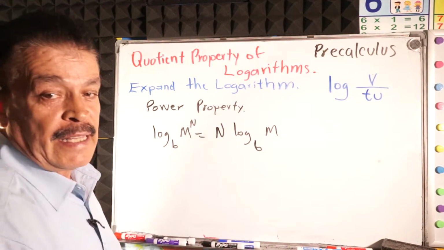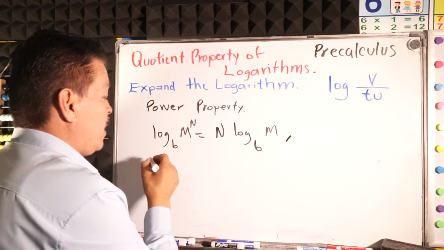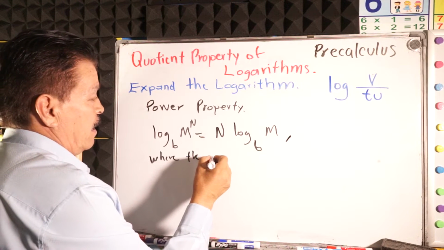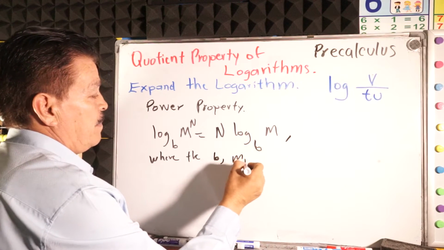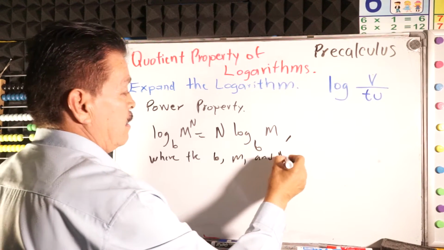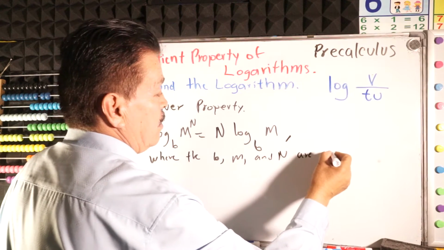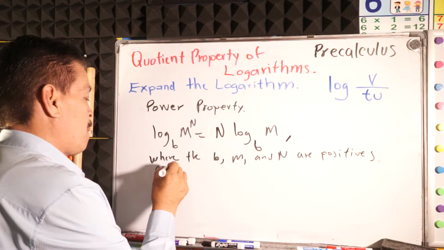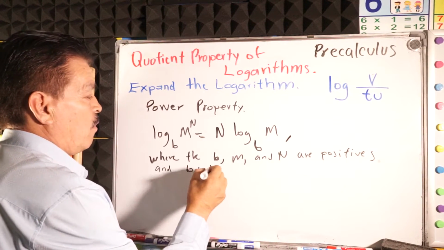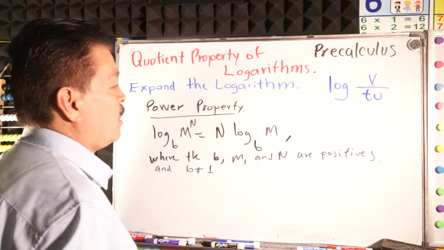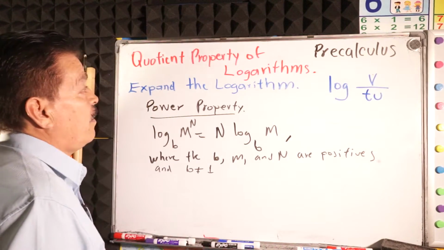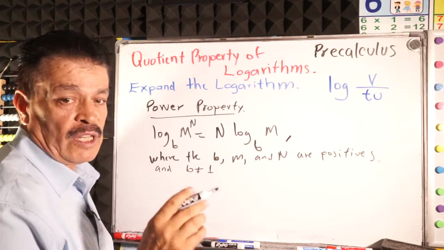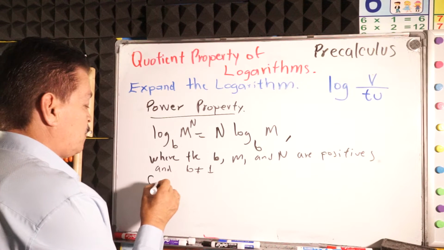Exactly the same thing, where b, m and n are positive, and b is different from 1. Okay, this is another important property when we are working with logarithms. Power property.